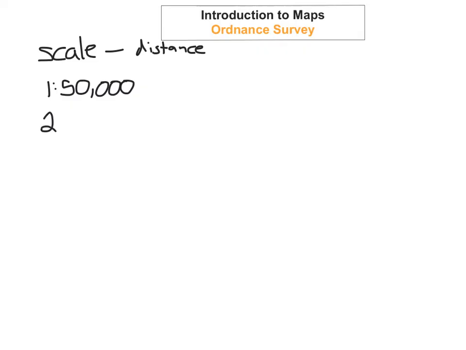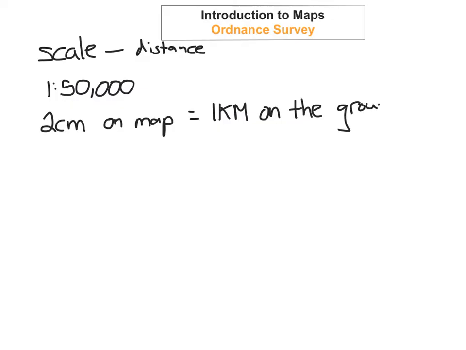So 2 centimetres on the map equals 1 kilometre on the ground. And most maps are drawn to 1:50,000. So it means that 1 centimetre on the map is the same as 50,000 centimetres in real life. And that is 2 centimetres on the map is 1 kilometre on the ground.